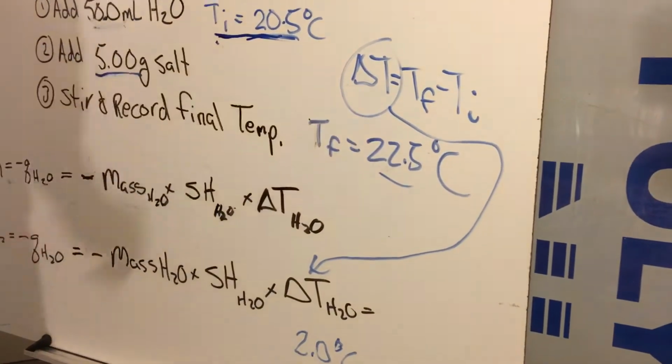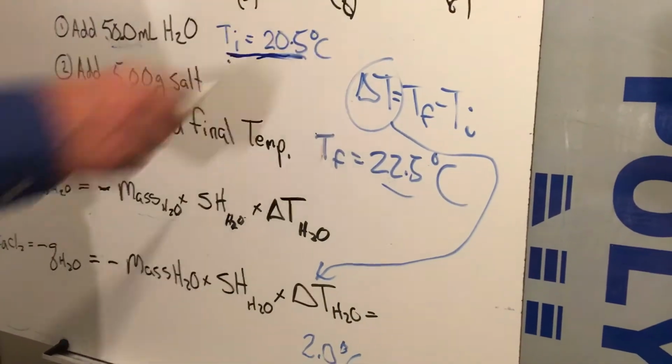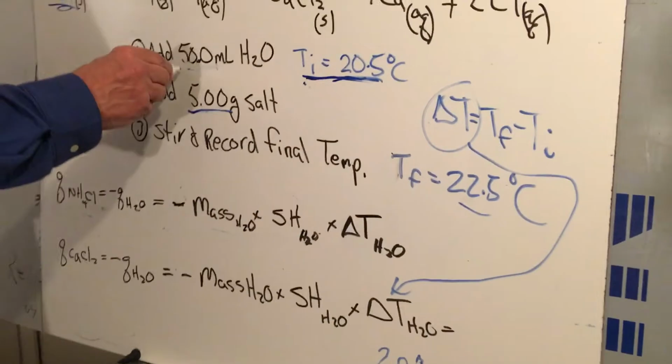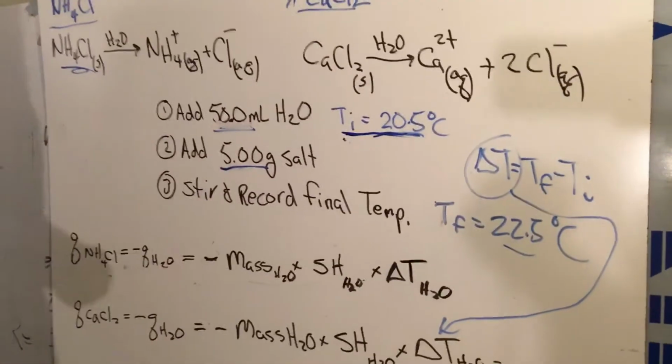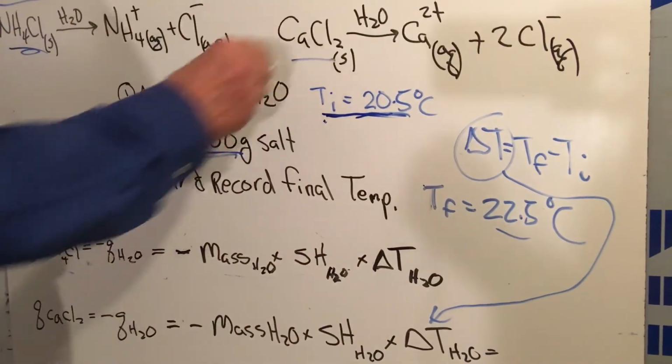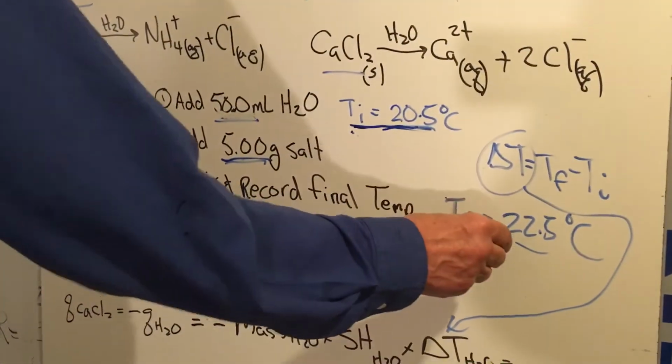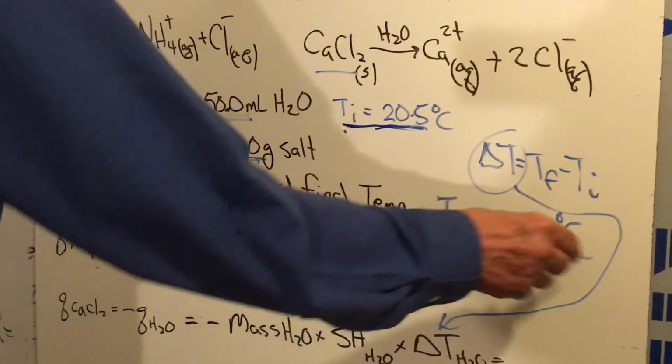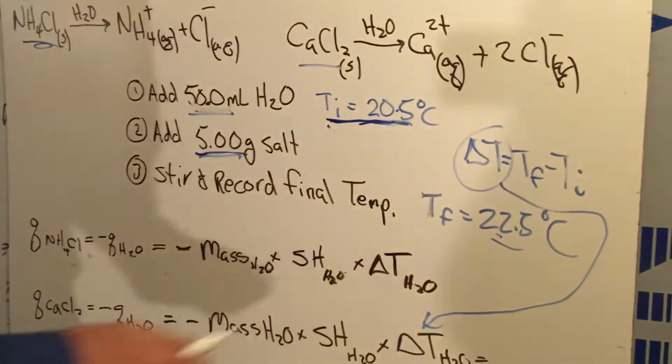The temperature went up. So now we take that data, and our data is what? 50 mL of water, which is the same as 50 grams, 5 grams of the salt, the calcium chloride, and a temperature change of 22.5 minus 20.5 of 2.0.